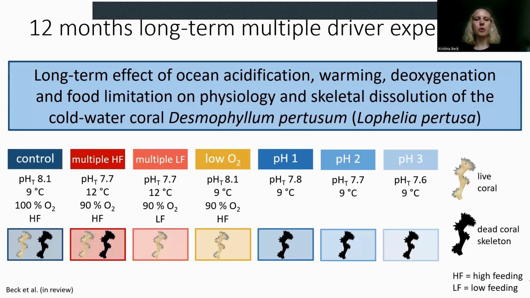As I've said before, there have not been that many studies on the effect of changes in oxygen concentration on cold water corals so far. And in all of these corals, we looked at the effect on live corals. But then we also had 3 different pH treatments where we only looked at the effect of ocean acidification on dead coral skeletons.